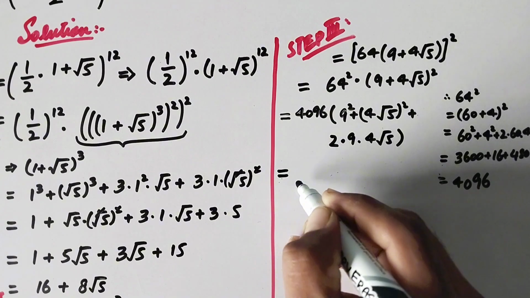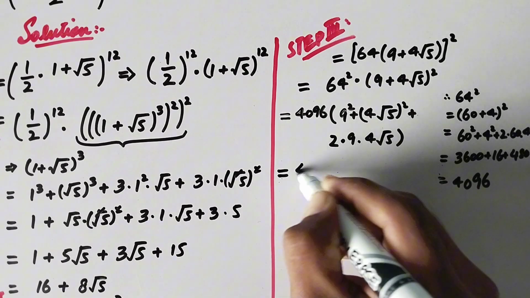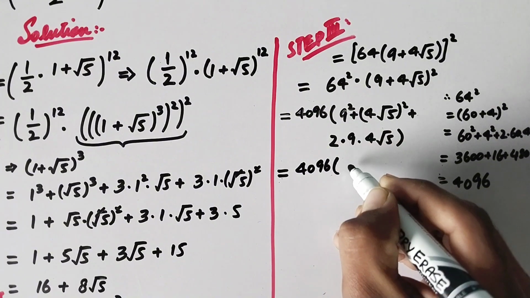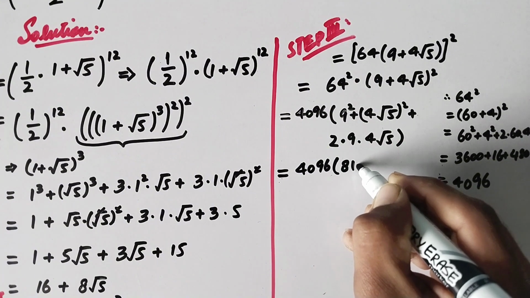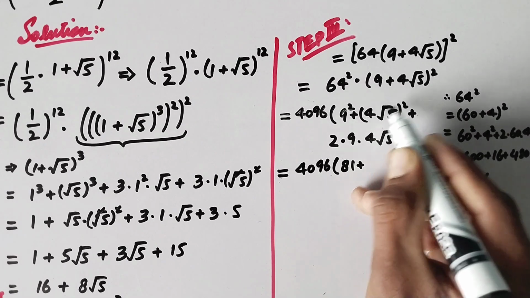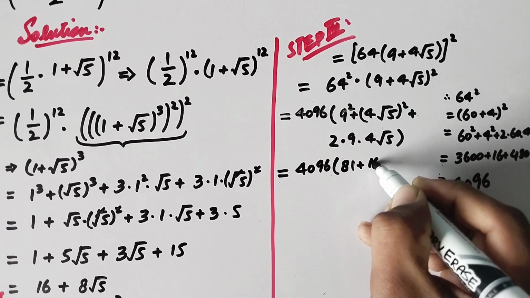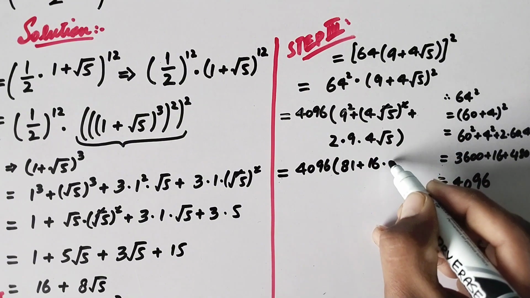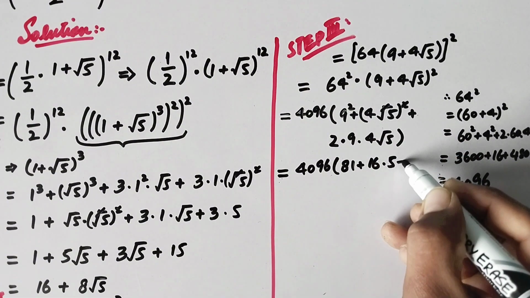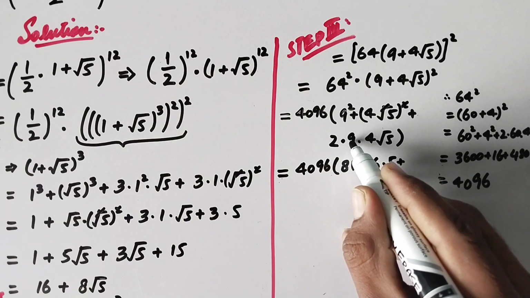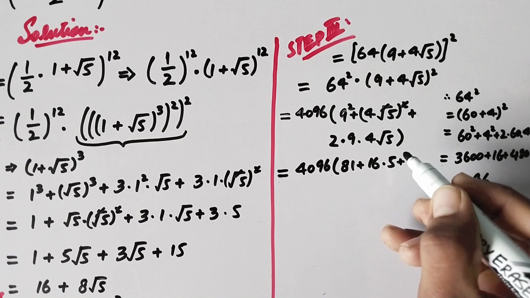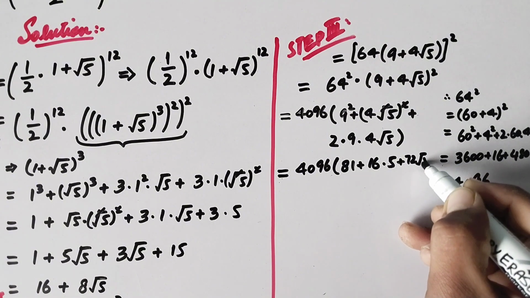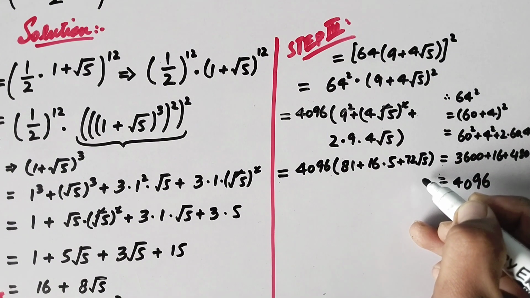Now it will be equal to 4096 times 9 squared, which is 81, plus 4 squared, which is 16, times this square root cancelled by this square, so it will be 5, plus 2 times 9 times 4, which is 72, times square root of 5.